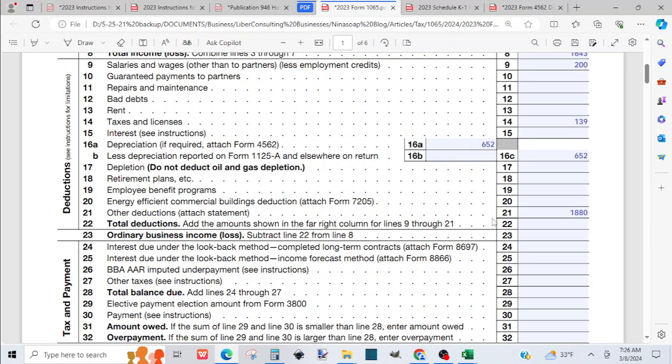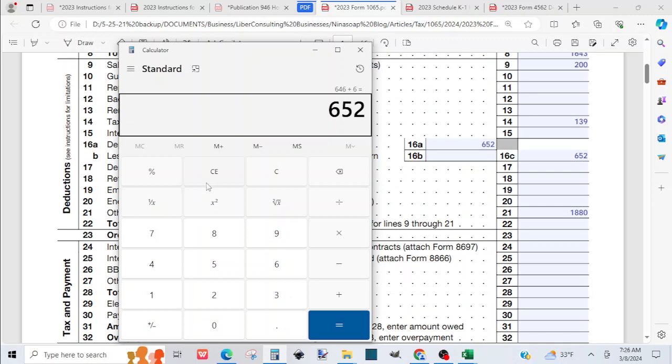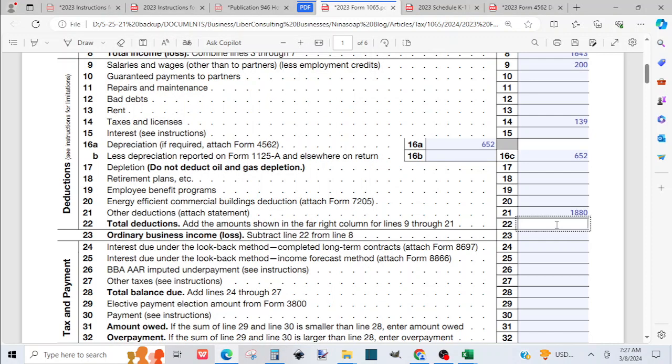Total deduction. So now for the total deduction, we are going to use the calculator. Start with 200 plus 139 plus 652 plus 1880, and we have 2871.